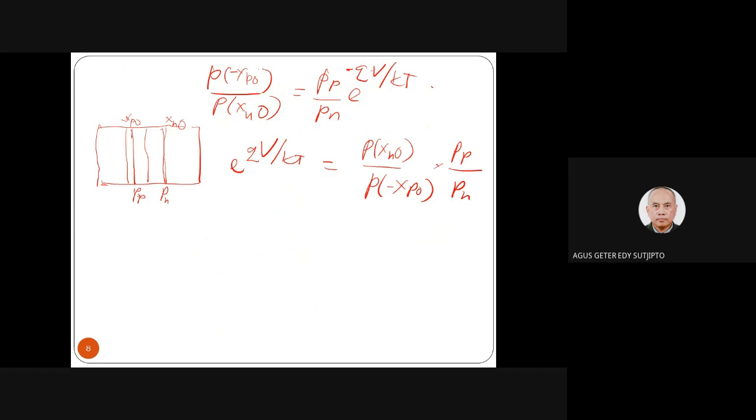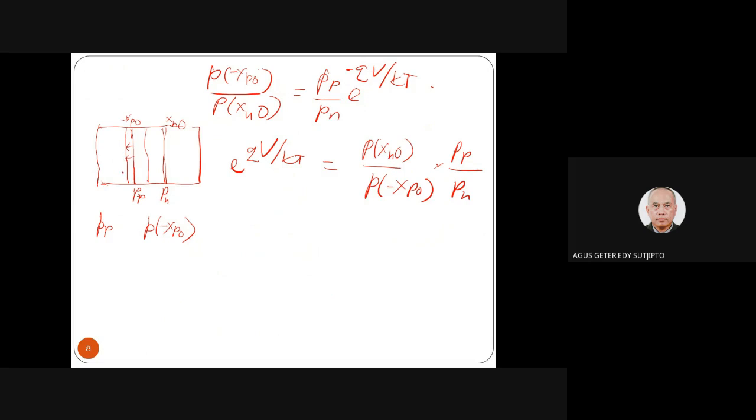So this is the change, from pp to pp at minus xp0. See here the concentration of holes in the P region, from the equilibrium state to the increased voltage, we have p and then p at minus xp0.